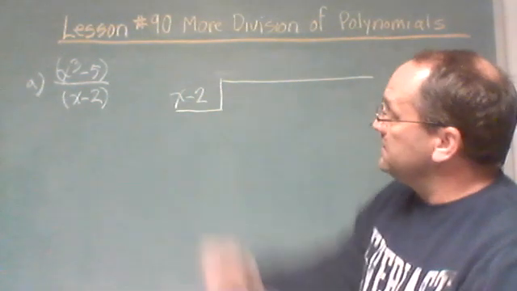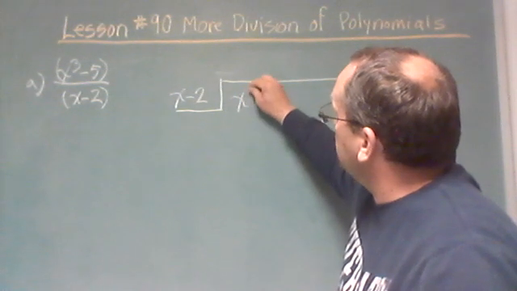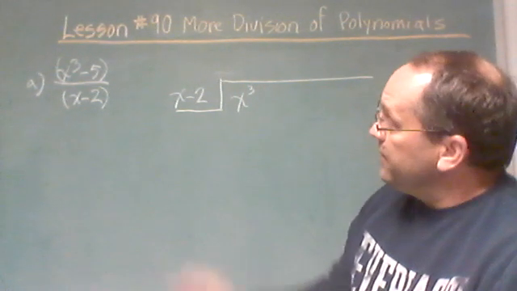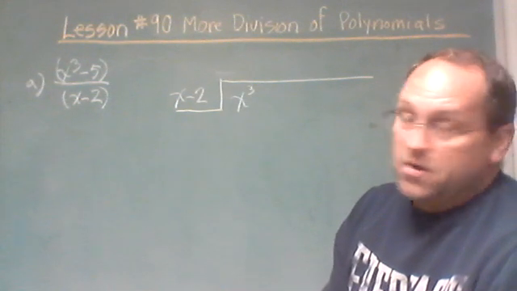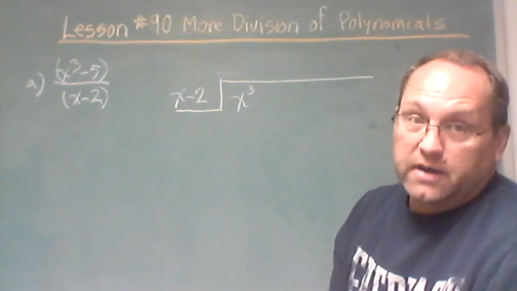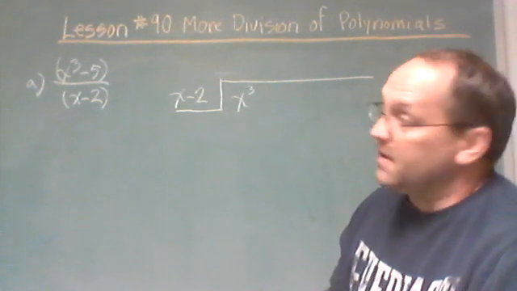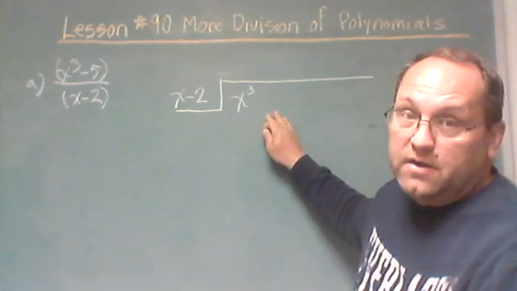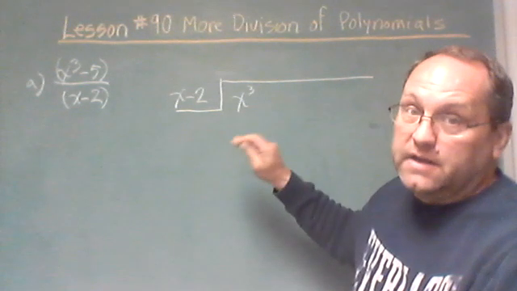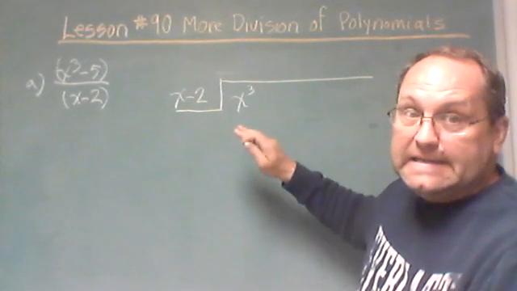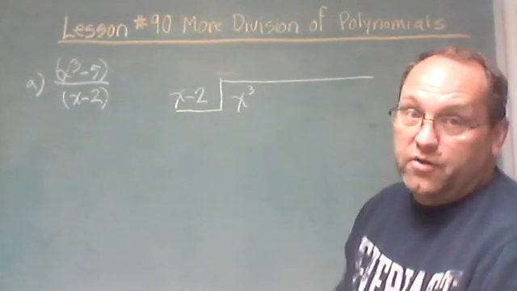Okay, but we notice it starts with a term x to the third. That's our highest power, but there is no x to the second power. There is no x term. It goes directly to a number. And we have to realize that when we do this long division method, we must account for all of those descending powers, even though they're not there.